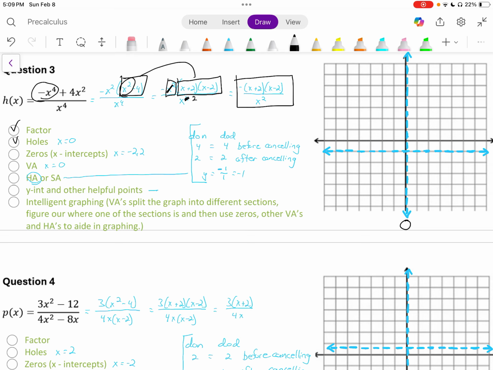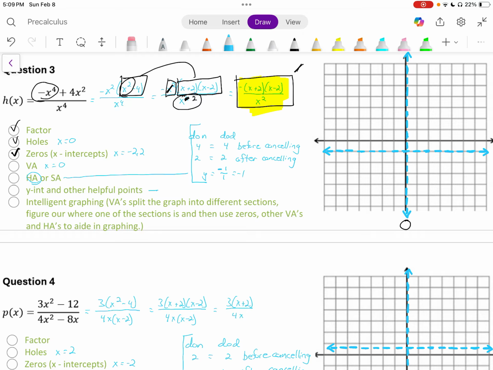There's going to be kind of an extra thing to think about, because there's still an x squared involved. Looking at our final factored and canceled graph, zeros occur at values that make the numerator equal 0, which are at negative 2 and 2.